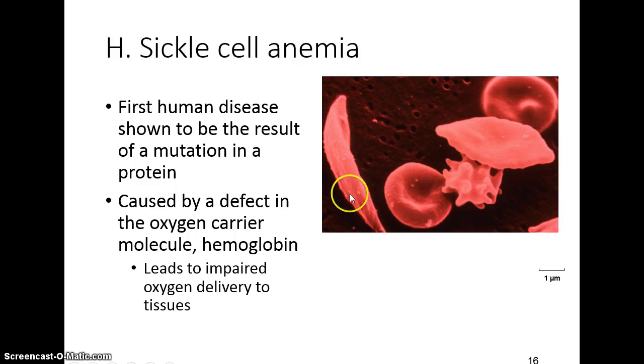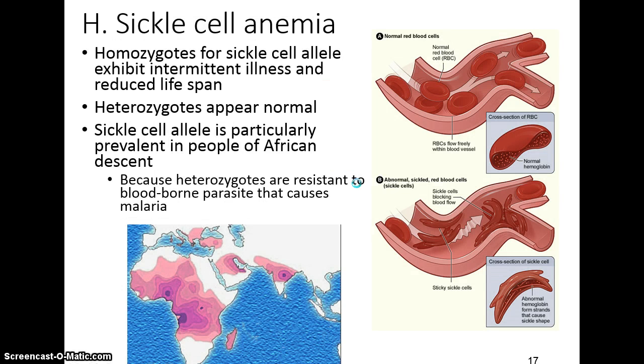This makes it harder for the blood cells to deliver oxygen, but it is also helpful in reducing malaria, because the protozoan, or the pathogen that infects blood cells that causes malaria, cannot infect these sickle-shaped cells.